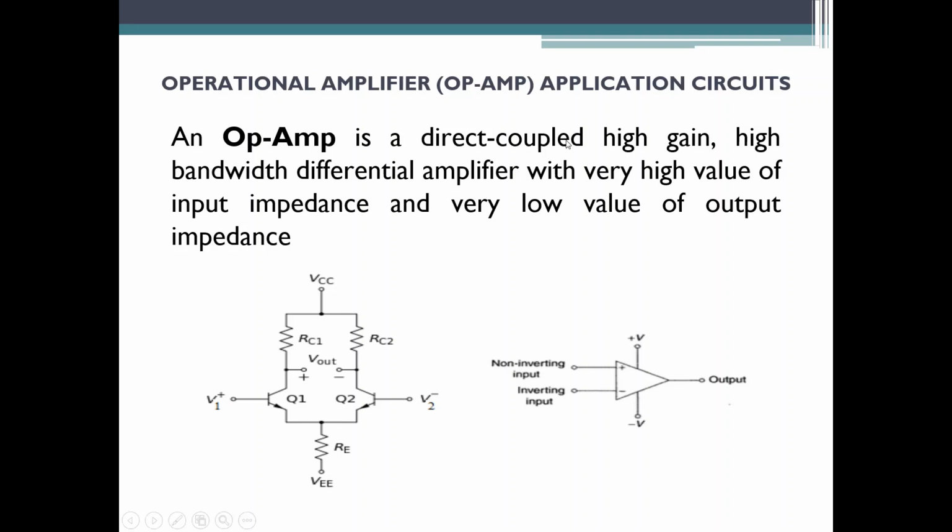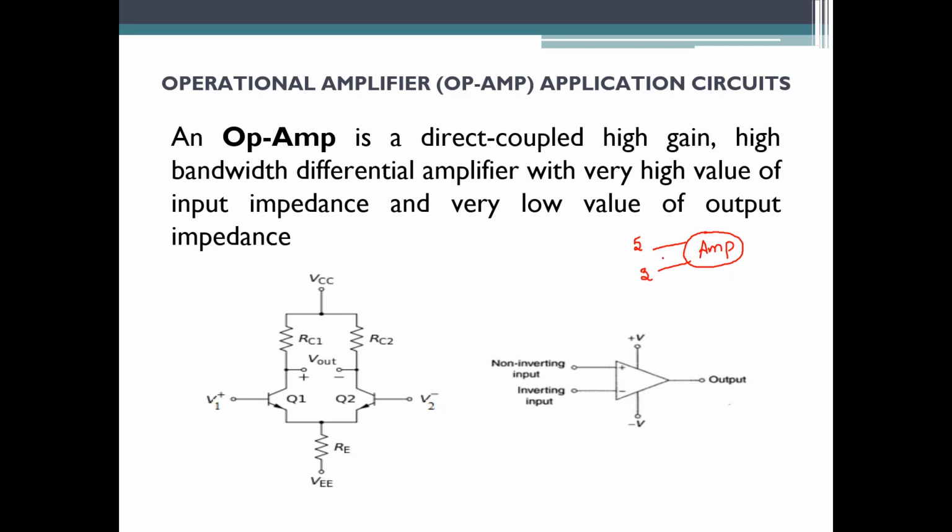You can consider the op-amp to be an amplifier, and this amplifier takes a differential input. For example, if I give 5 volt to one terminal and 3 volt to another terminal, a differential amplifier takes the difference of these two signals, that is 5 minus 3.